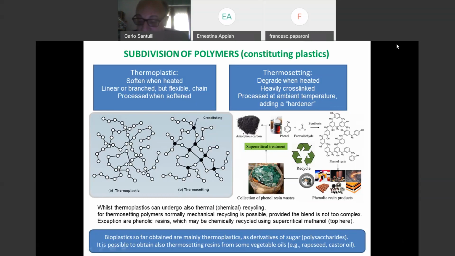Other structures can be considered like starch and cellulose. Cellulose, if it is treated with acids, might be cross-linked, but might also have thermoplastic characteristics.